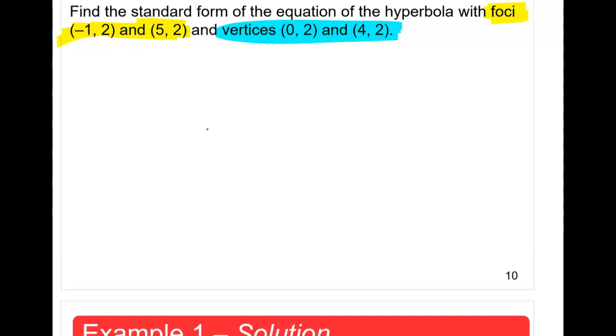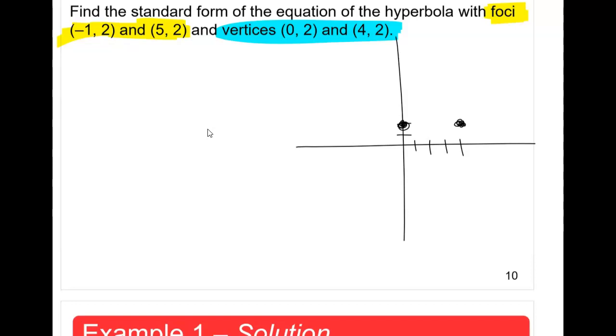So I'm just going to plot all the points. So we're going to have, let's see, (0, 2). So that will be here. And (4, 2). 1, 2, 3, 4, and then 2. So right there.